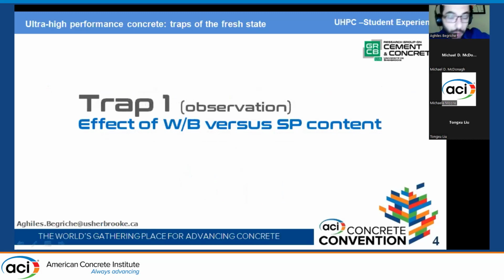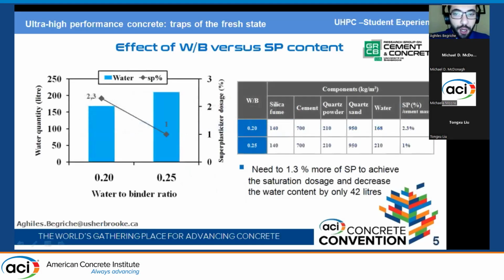For the first trap, it's not really a trap, but an observation related with the second one. So there I present the mixed design of two mixtures, one with 0.20 water to binder ratio and a superplasticizer saturation dosage of 2.3%.